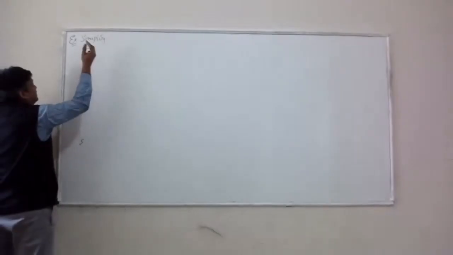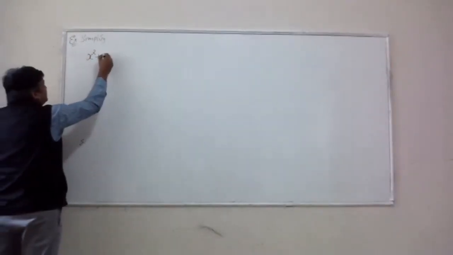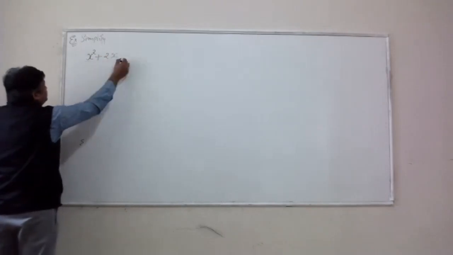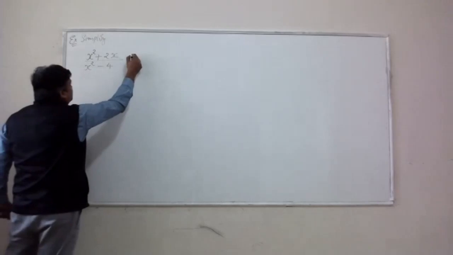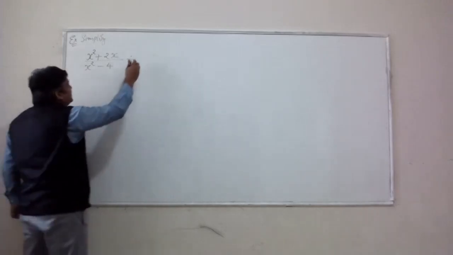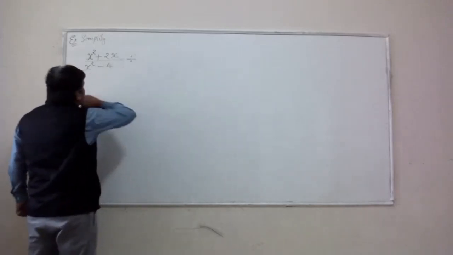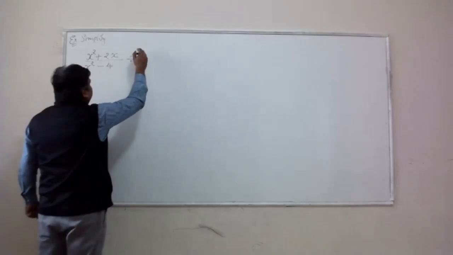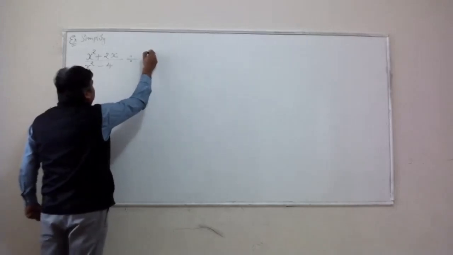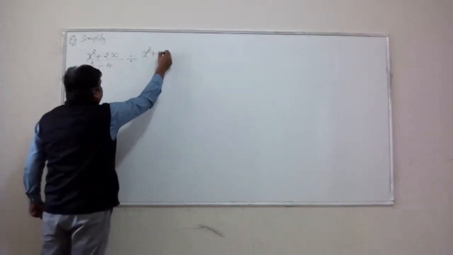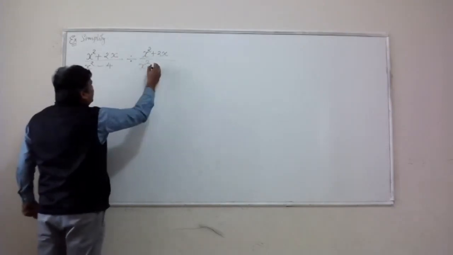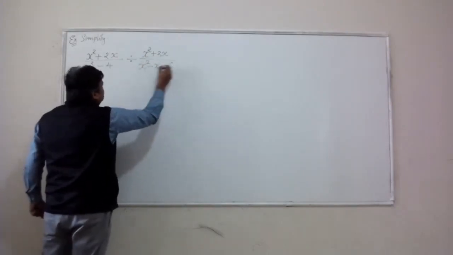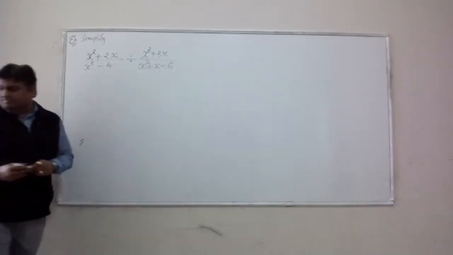Let's say I give you these expressions: x squared plus 2x over x squared minus 4, divided by x squared plus 3x over x squared plus x minus 6.